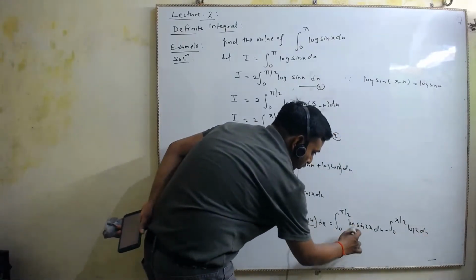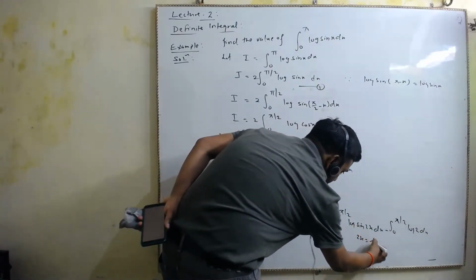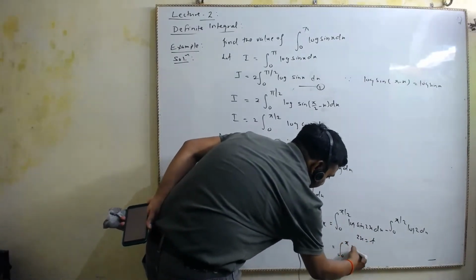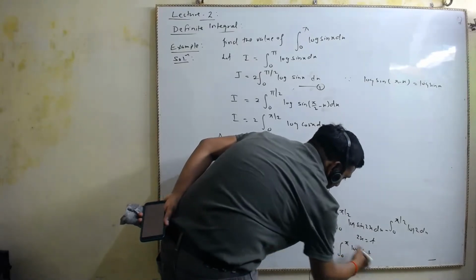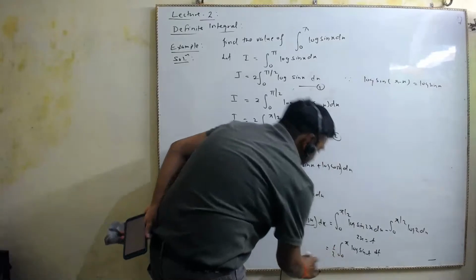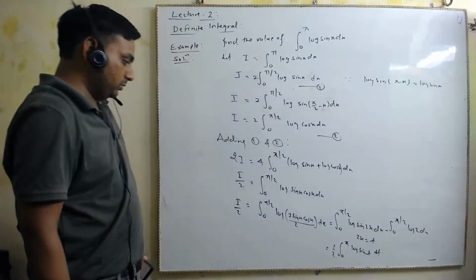If you put 2x equals t here, so this will be turned to the integral from 0 to pi by 2 of log sin t dt, that is 1 by 2.